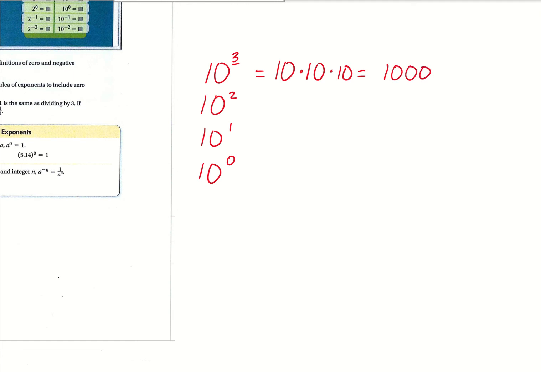If you check that, 10 times 10 times 10, your calculator is going to give you 1,000, so that works no problem. Then we continue on, 2 zeros, 1 zero. Naturally, because of the pattern we're following, 10 to the 0 power should have 0 zeros, which would mean it would just be 1.